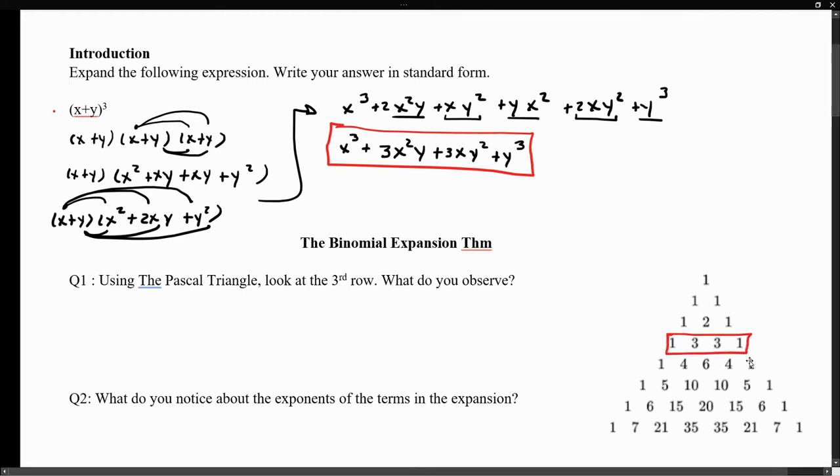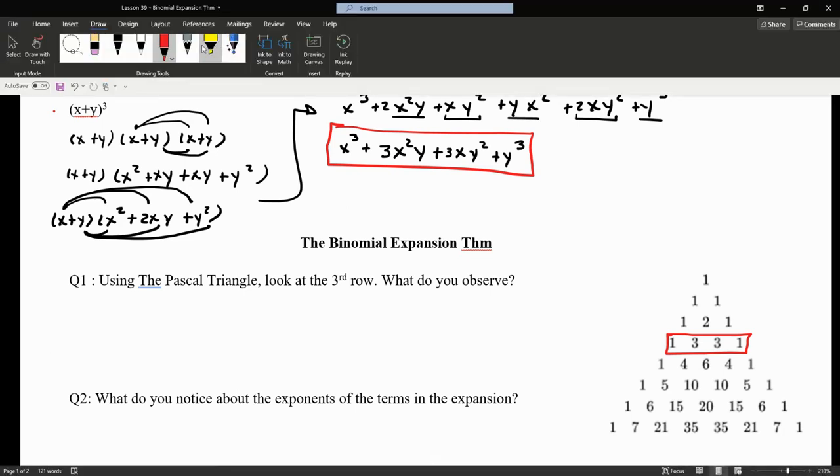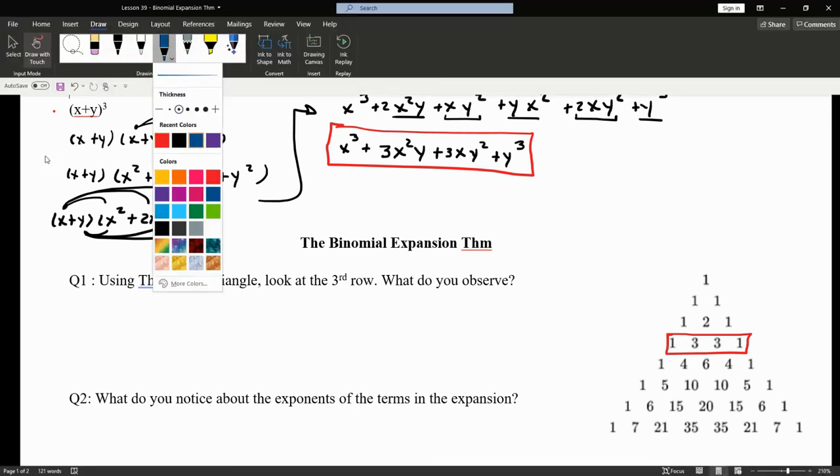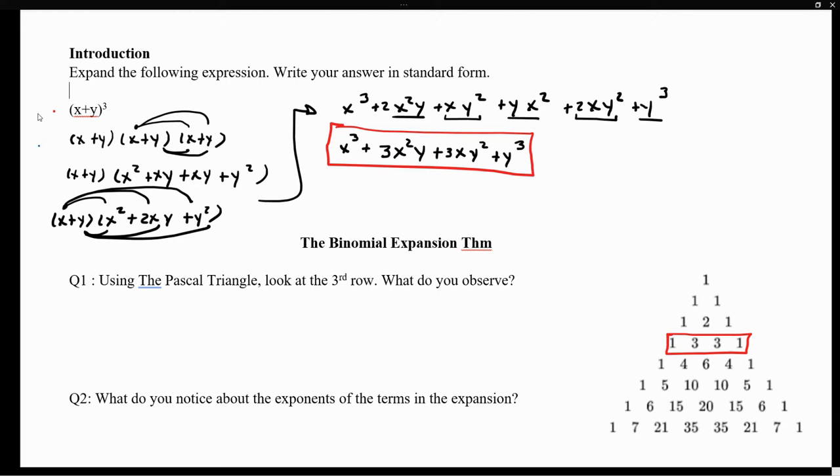Now, how is this row related to the expression that we got as a conclusion on the introduction question? Well, notice one thing. The values that we do have for the Pascal triangle, so 1 is essentially this one. The next value in the Pascal triangle is actually the coefficient of the next term. The next value on the Pascal triangle, it's the coefficient of the next term. And the next value, it's the coefficient of the next term. Notice that we do have a small positive 1 here.